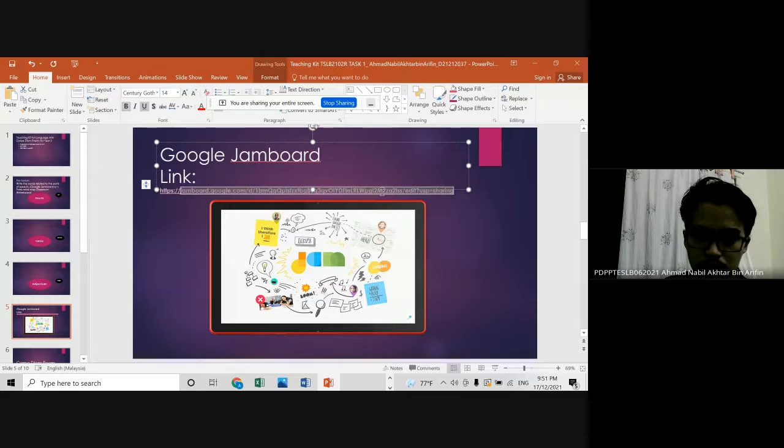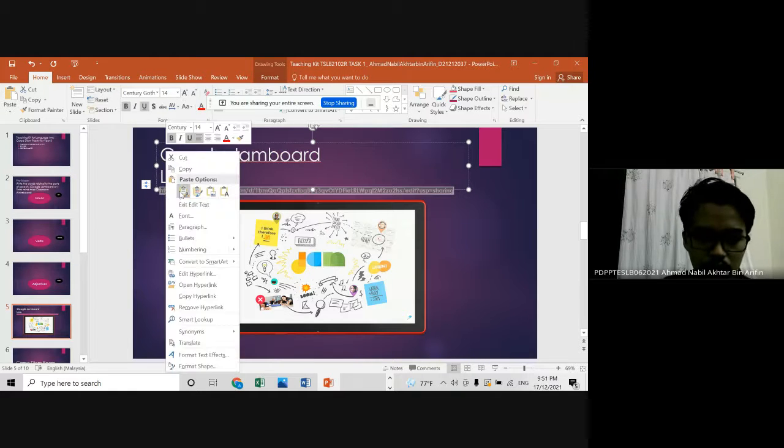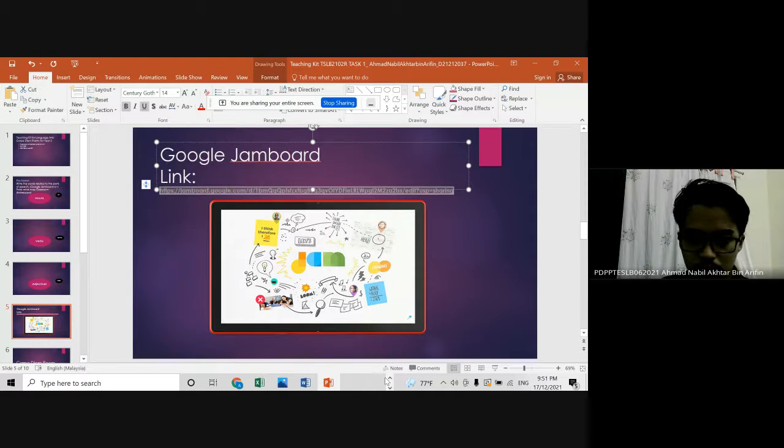I'll copy paste the hyperlink, and then we can see how, even in an online class, the students can brainstorm using the Google Jamboard.